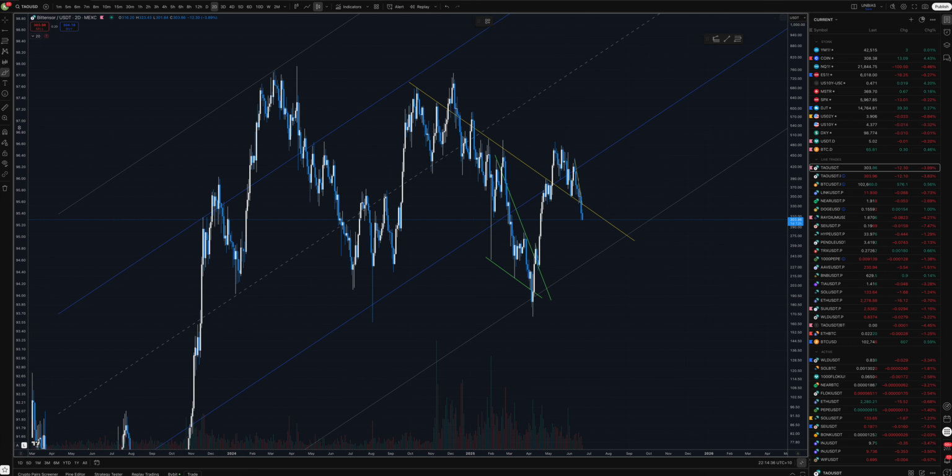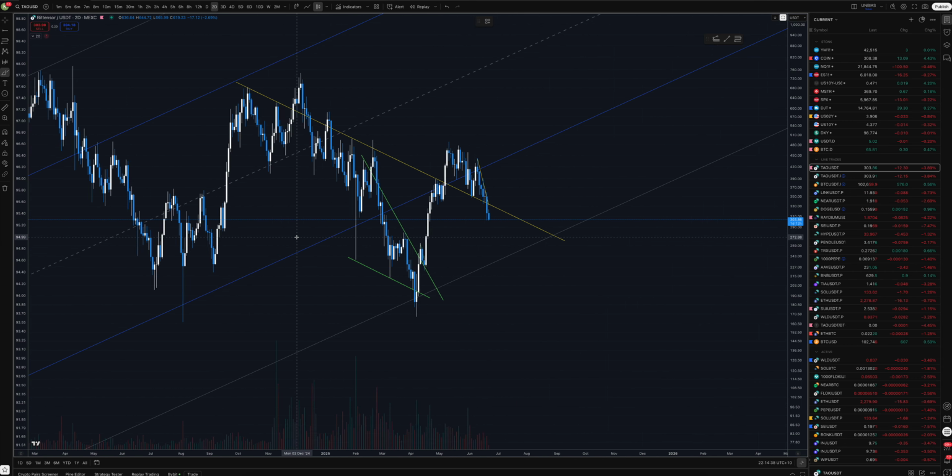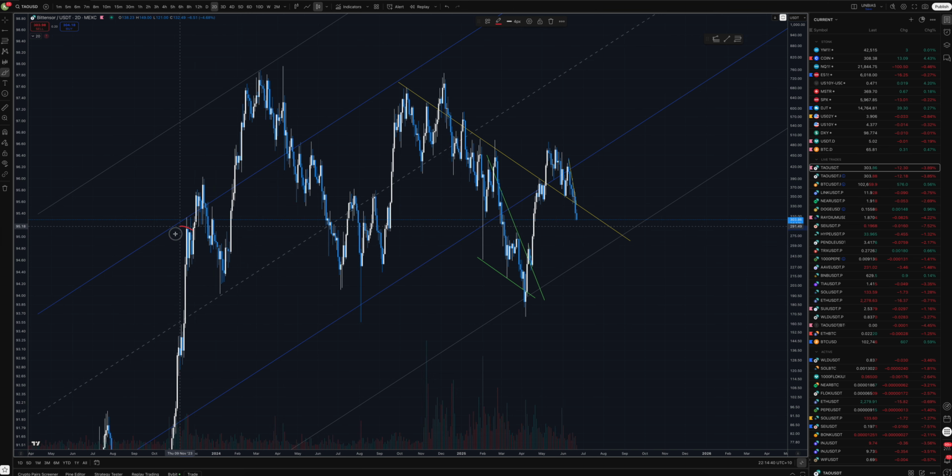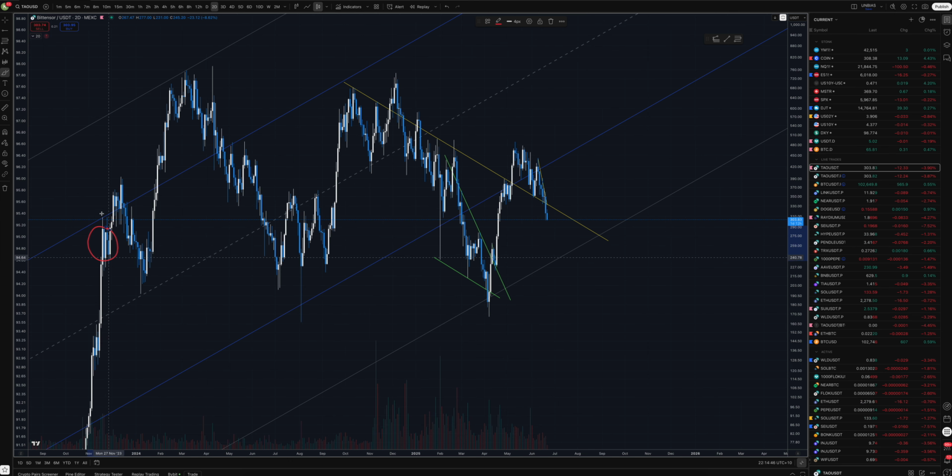I like to call it the cock and balls, because you can see a supply region, an area of sideways trading activity, expansion to the top, and then a deviation below that trading activity here, right?